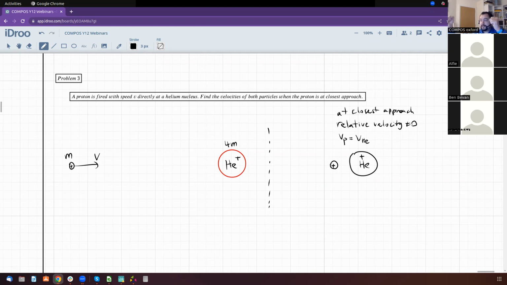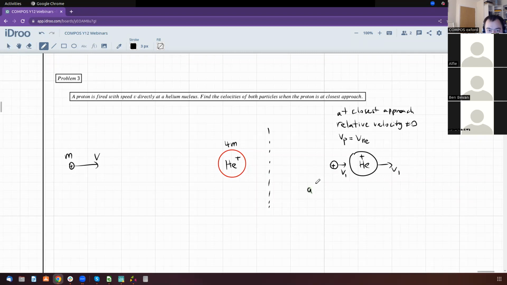And when the proton is the closest, that's where they have the same velocity. Let's call this velocity V1.